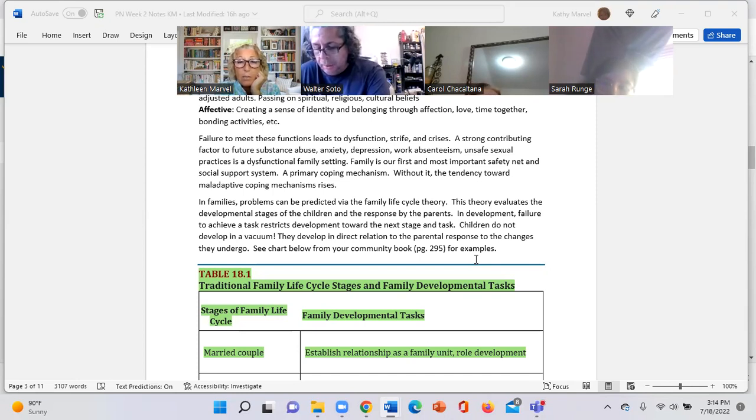Any combination of these creates a risk of a dysfunctional family. And family is our first and most important safety net and our most important social support system. It's the primary coping mechanism. Without your family, the tendency toward maladaptive coping mechanisms rises. Would you agree with that?